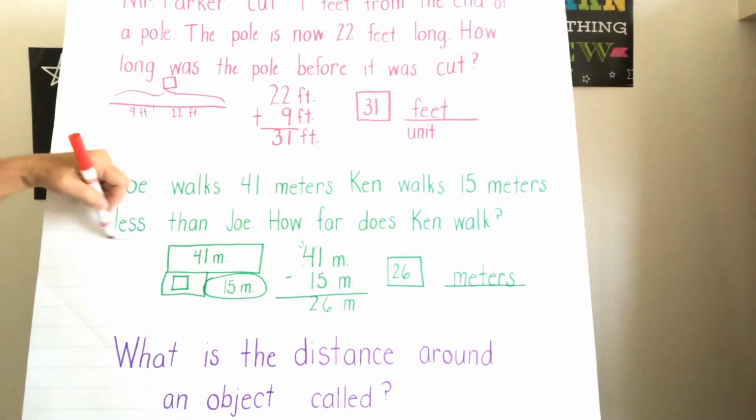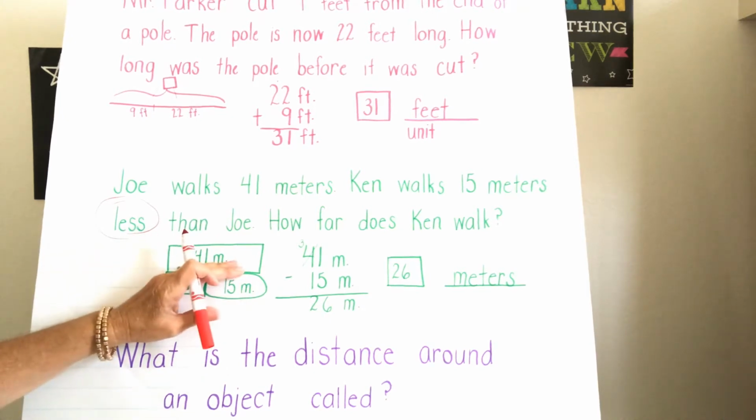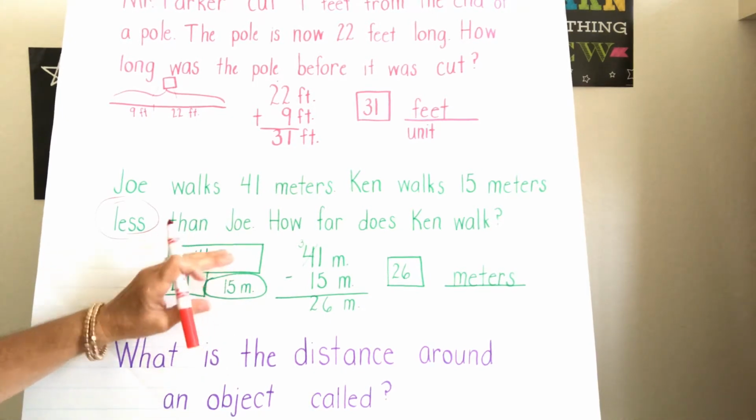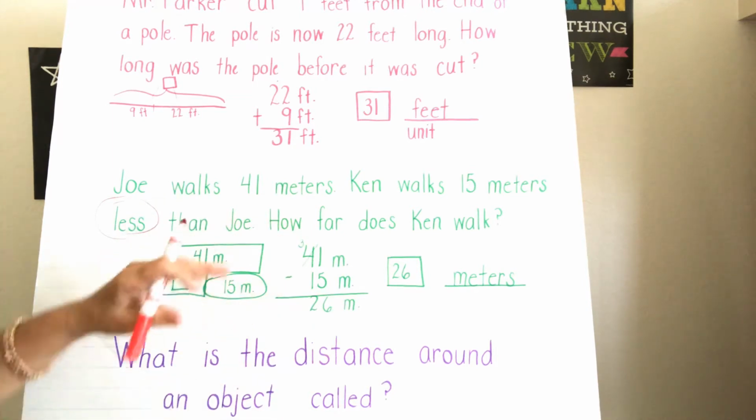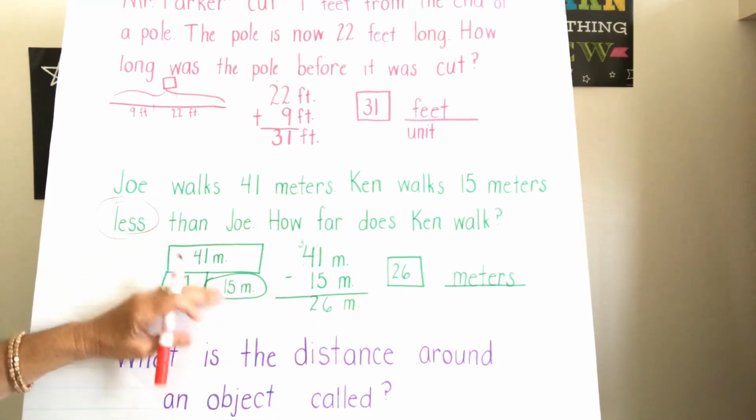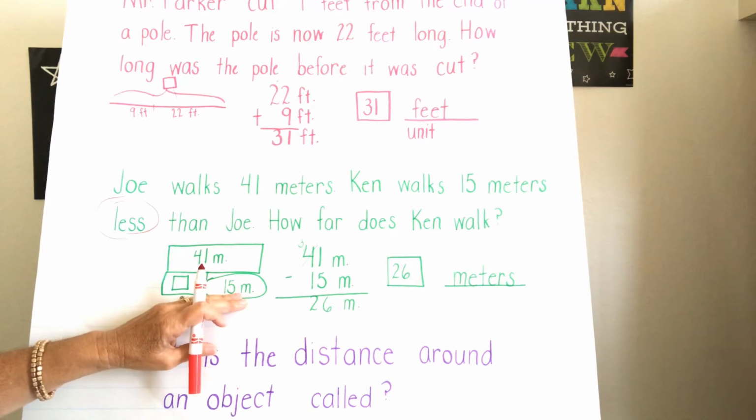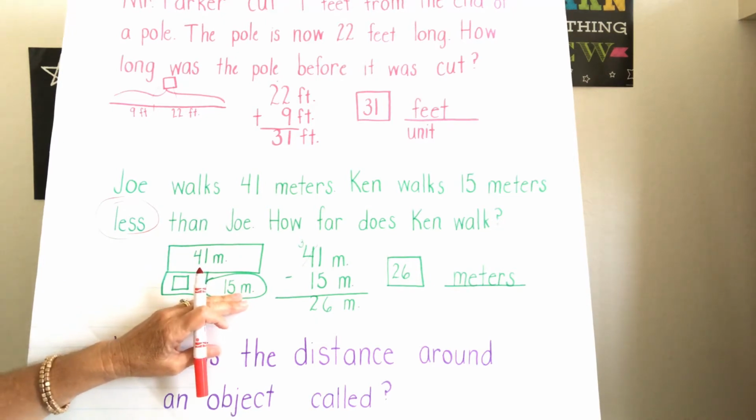Well, when you guys see the word less, what kind of a drawing should that be to help you figure it out? That says comparison bars, right? Joe walks 41 meters. That's the most. Ken walks less. So Ken's number is going to be smaller. He walks 15 meters less than Joe.